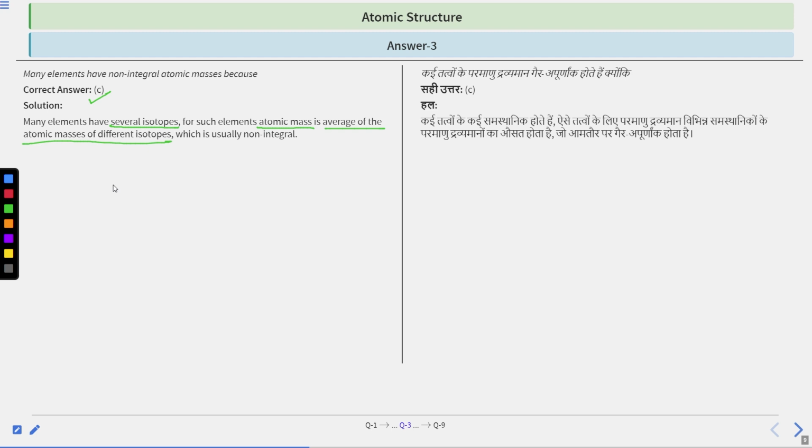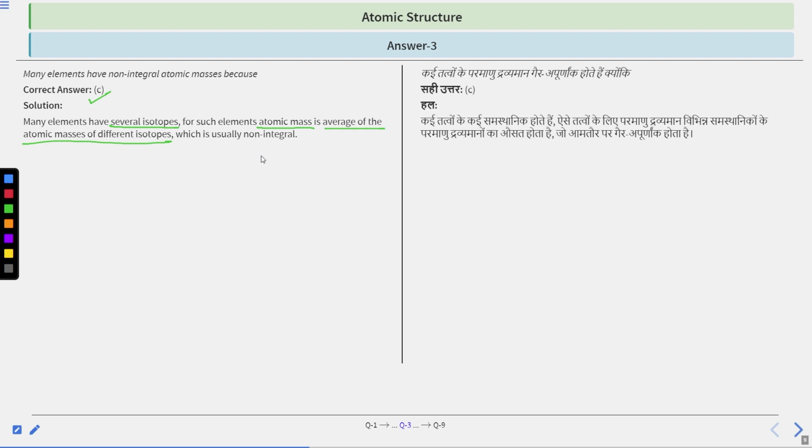Suppose X is any element and it has several isotopes like X1, X2, X3, right? If we want to find out the atomic mass of X, we just take the average of the atomic masses of all the isotopes, that is X1 and X2 and X3.